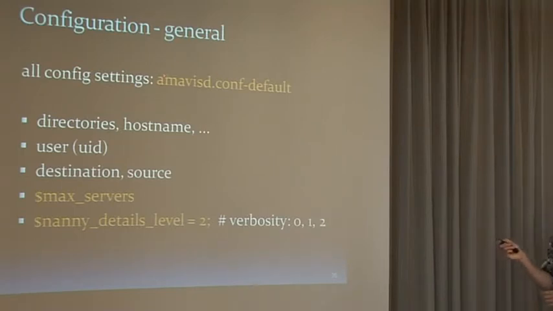Okay, the file to start with is this one. It's in the distribution. It contains all the configuration variables. All of them are listed there, at least listed, and their default values are also documented there.